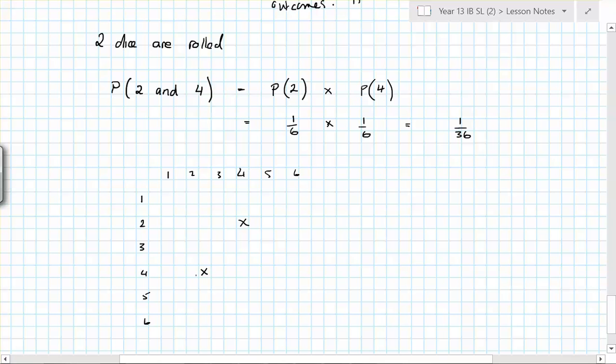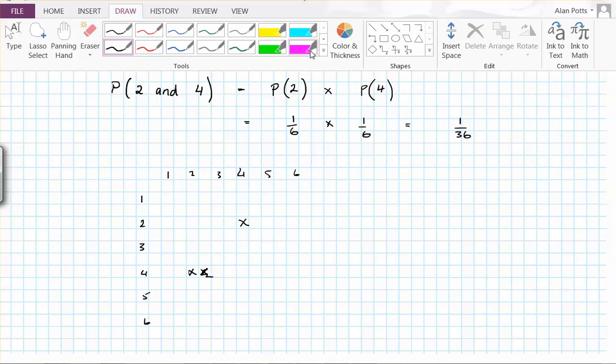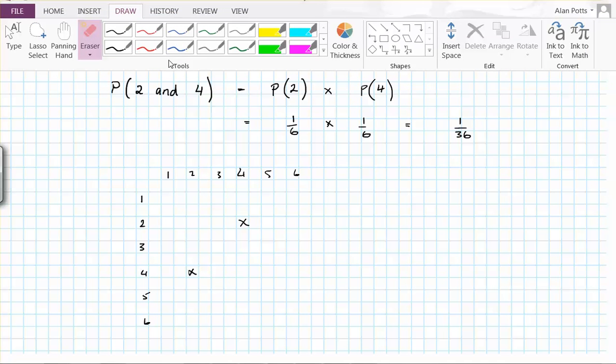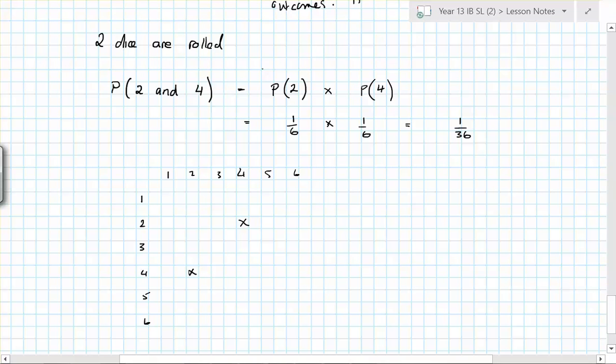Sorry, I put that in the wrong thing. Okay. So, it doesn't work. Why doesn't it work? Because you're adding 2 out of 6 plus 1 out of 6.